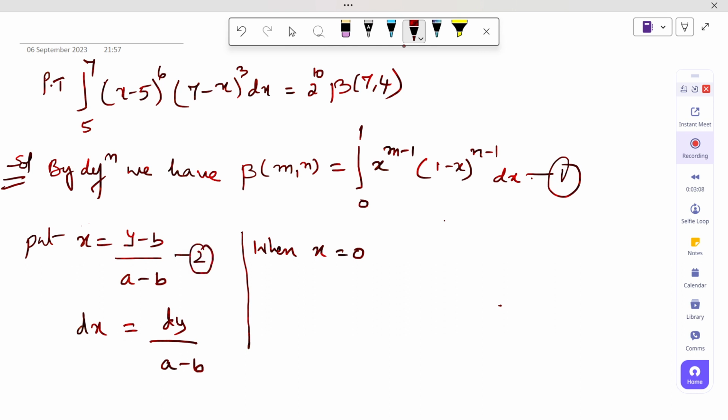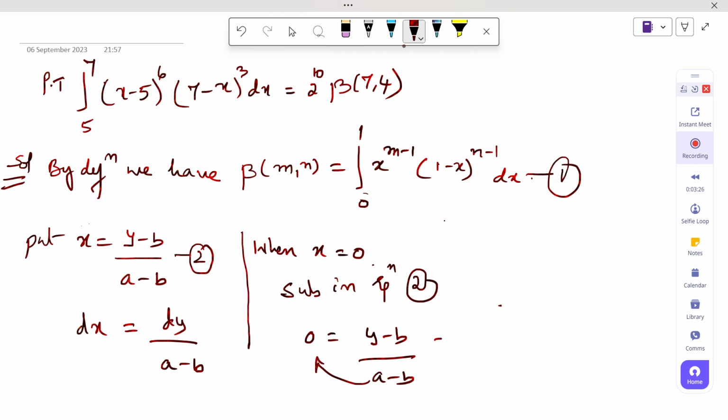Take the limit x equal to 0 and substitute in equation number 2: 0 is equal to (y minus b) by (a minus b). This will be multiplied over here, which implies y minus b is equal to 0, so y is equal to b.